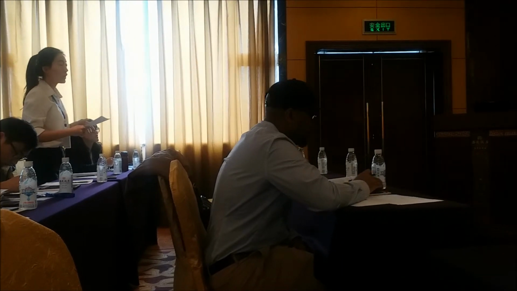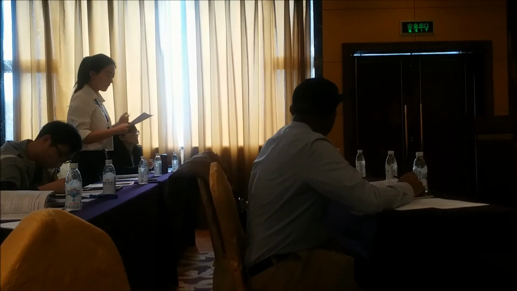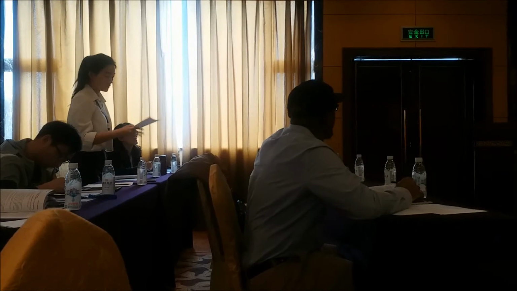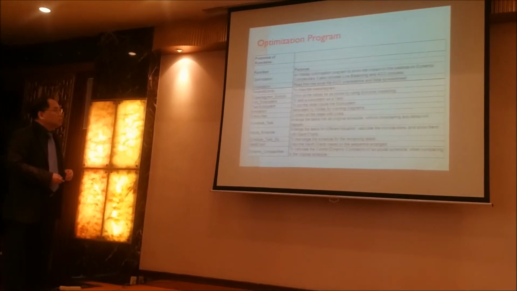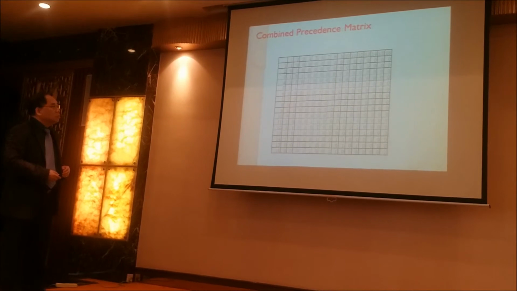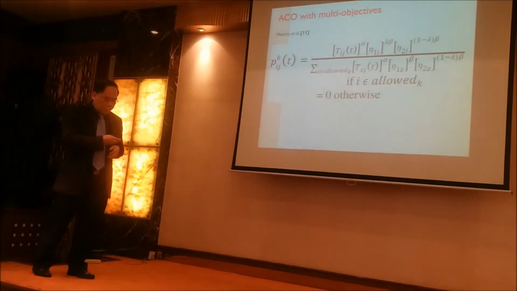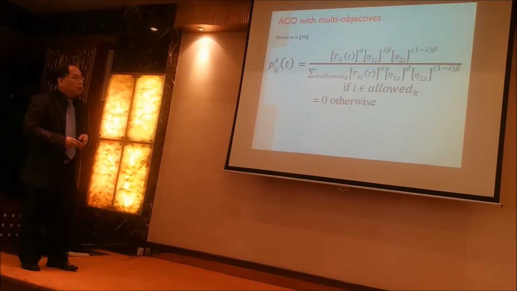Because the mathematical equation gives just a fitness value, how do you compare the two objectives, cycle time and structural complexity? Now, if I go back to this equation, this is the multi-objective equation. You will see that there is a beta and also an alpha here.